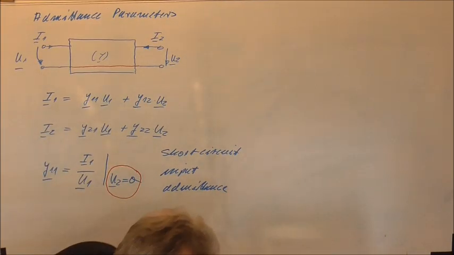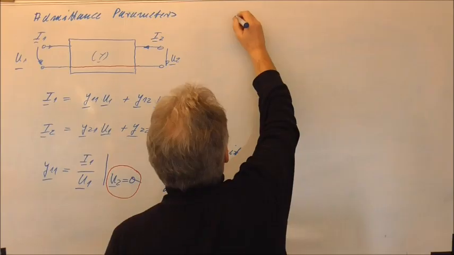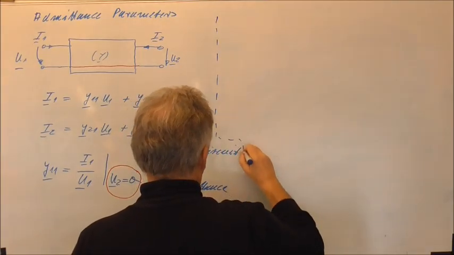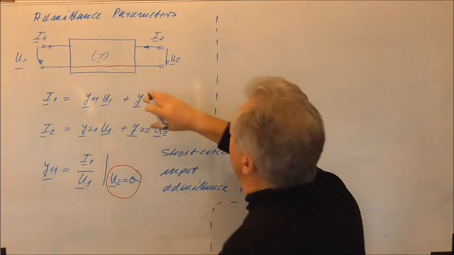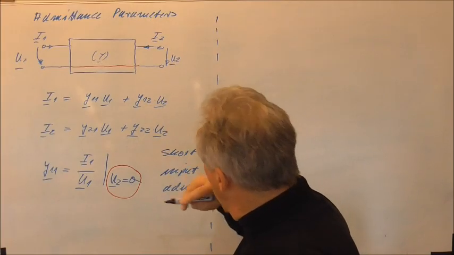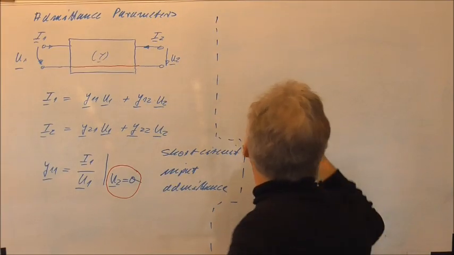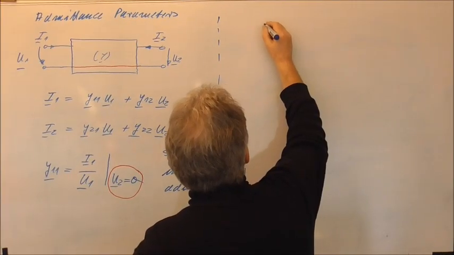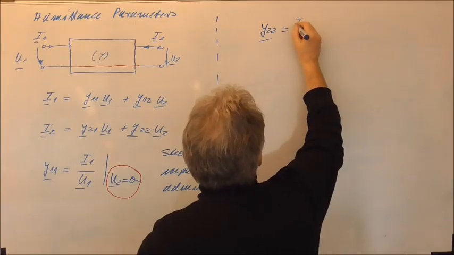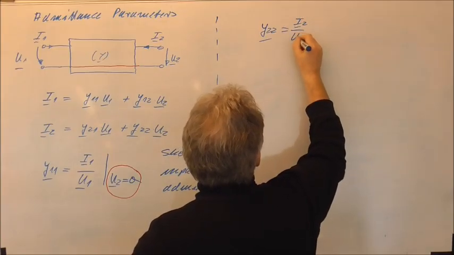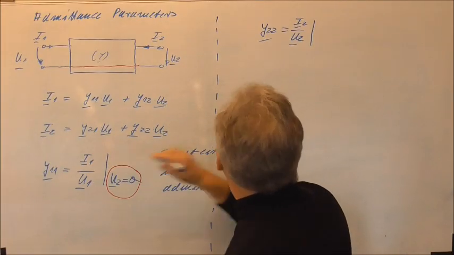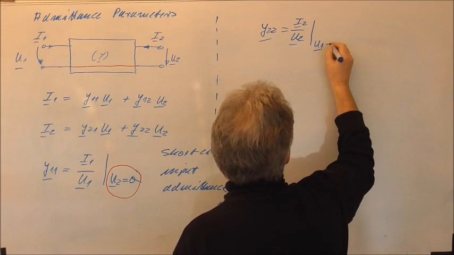And of course in the same sense, we also can now define the other parameters. For example, we can go now to the parameter Y22, and Y22, according to this equation, is equal to I2 over U2, but only under the circumstance that U1 is again 0.